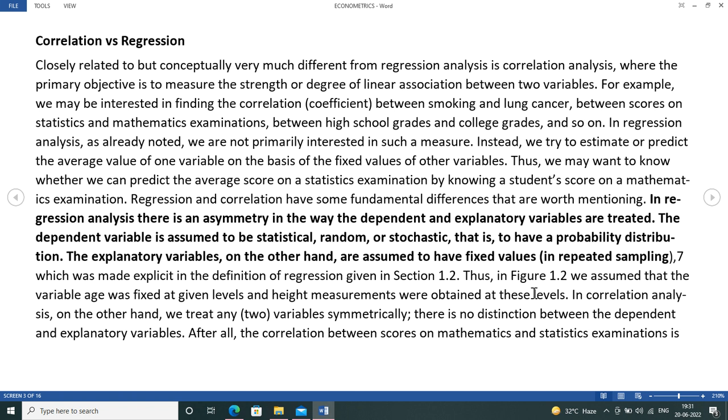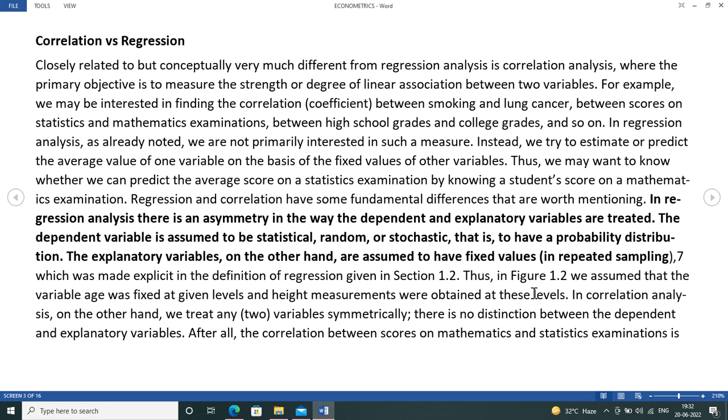They are considered on the same par. But if you consider regression, you assume y to be random, which depends upon x. X is not random; here x, the independent variable, is given.